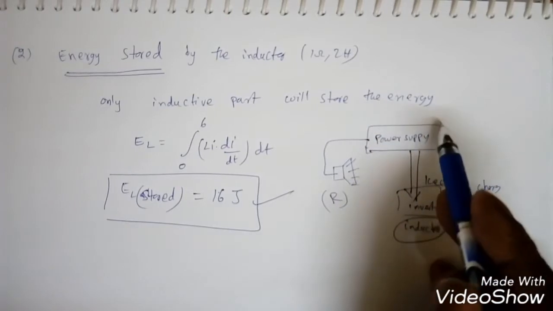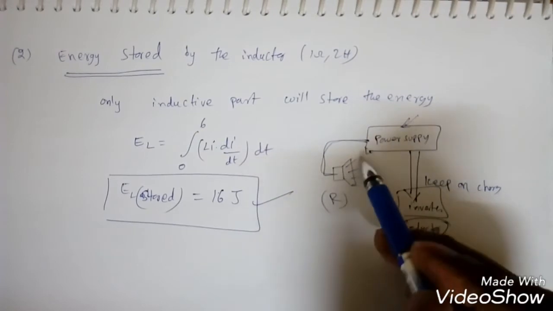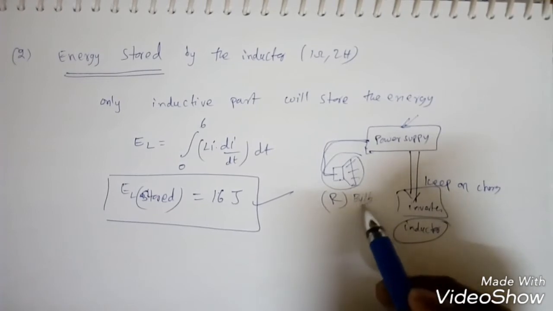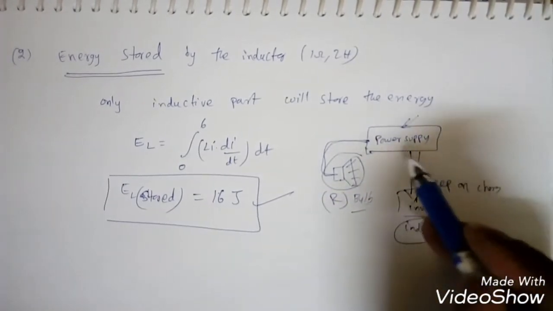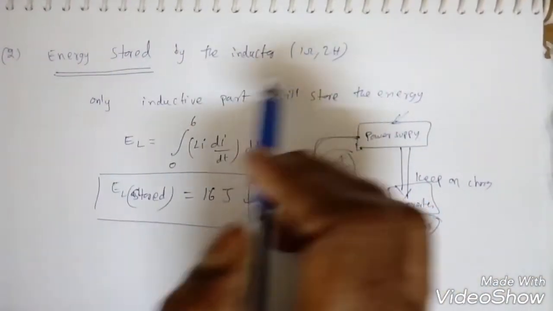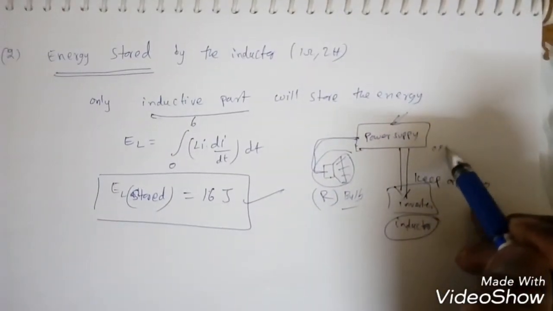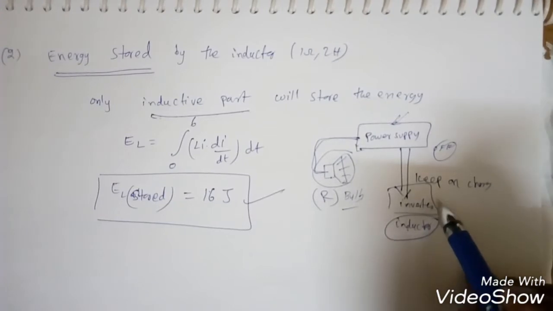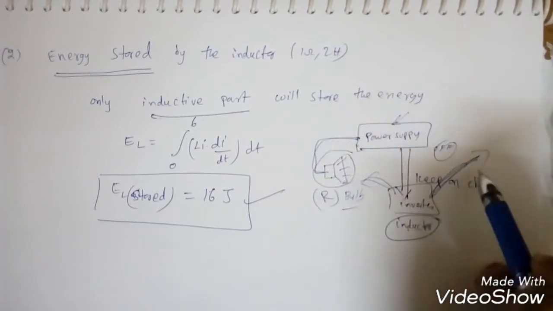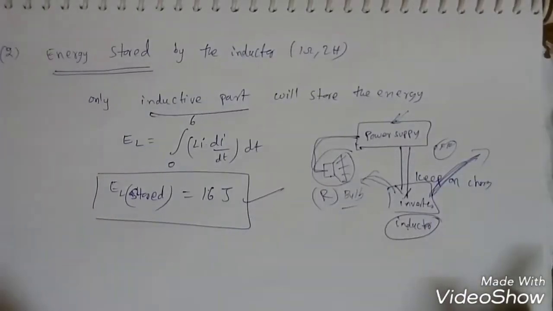When the power is there, the power will be absorbed or dissipated by the resistor R, in this case our bulb, and the inverter will store the energy when the power supply is on. So that is the inductive part, which is why I said only the inductive part stores the energy. The moment the power supply is off, it acts as a source and gives the energy to the bulb or TV, whatever. So this is like a storage mechanism.